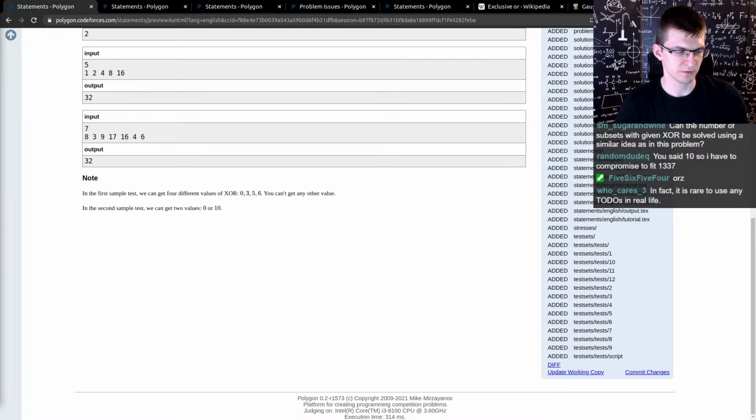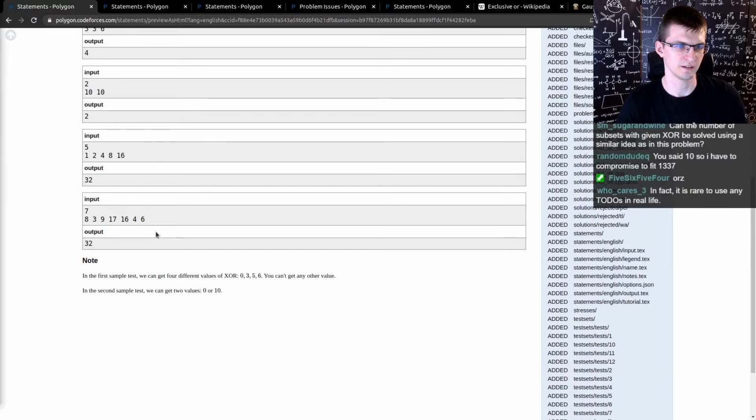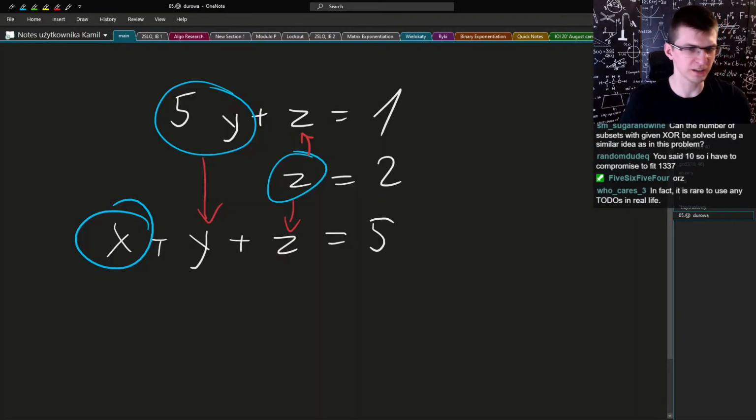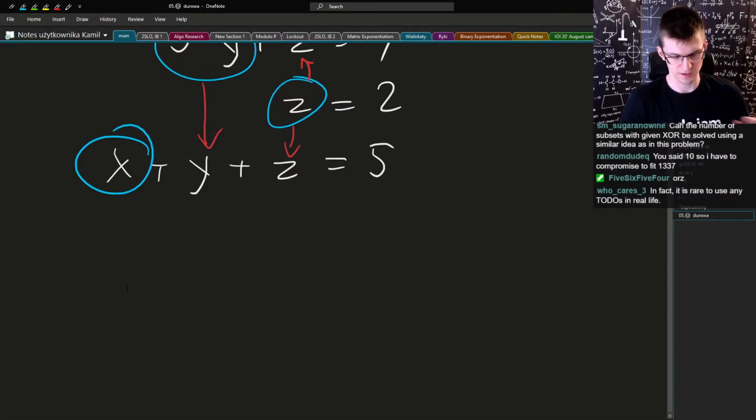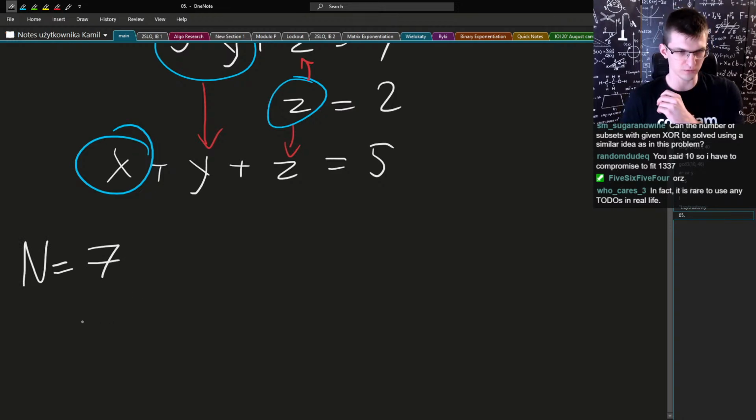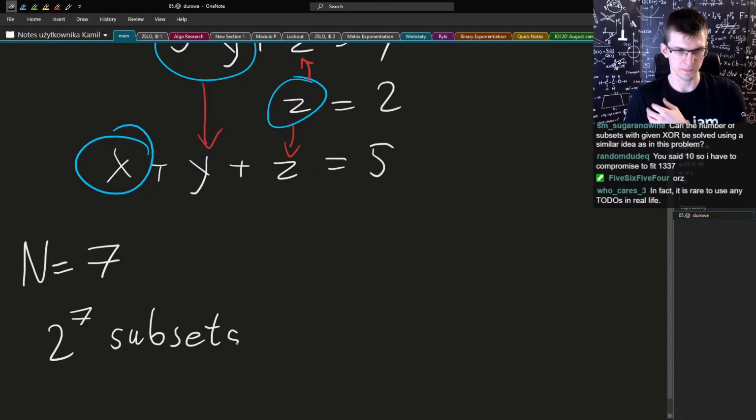Can the number of subsets with given XOR differ? The number of subsets for any XOR is the same. That's a funny thing, because the ratios are the same. If you have, let's say, n equal to 7, then there are 2 to 7 subsets, and in some particular test you computed that there are 2 to 5 possible XORs.